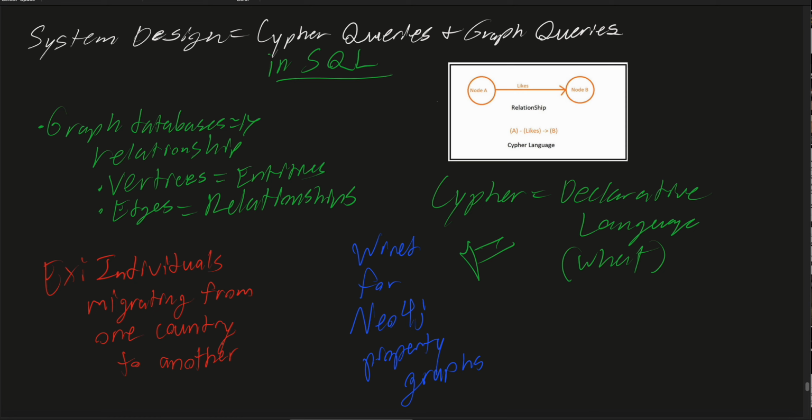Cypher handles this type of data extraction with ease, allowing us to traverse the graph with patterns that match our query conditions, much like a flashlight to follow a trail in the dark.